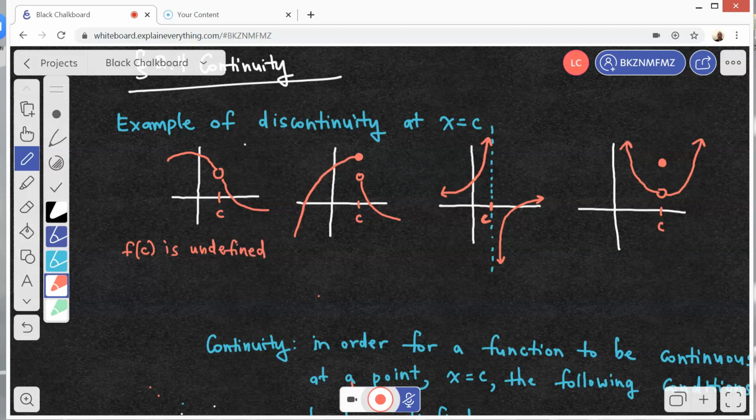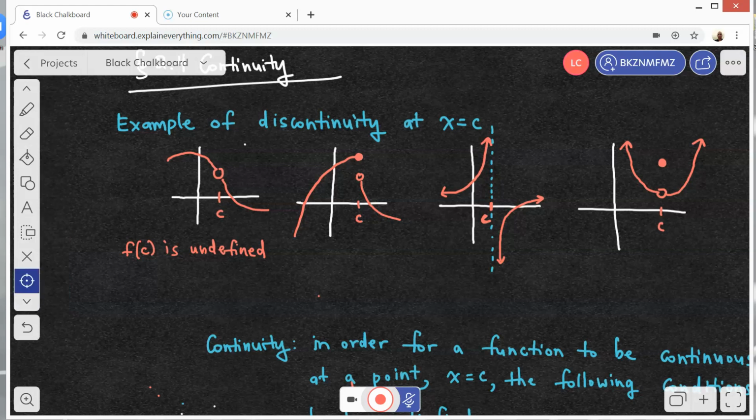And basically what we're saying is at x equals c, there is no y value. So at this particular c value, since it's an open circle, there is no y value. F of c is undefined, and so that's what we're saying.